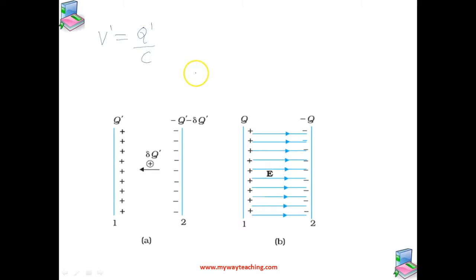Then imagine that a small charge, that is delta Q', is transferred from conductor 2 to conductor 1. So work done in this step is given by delta W', resulting in charge Q' on conductor 1 increasing to Q' plus delta Q'.